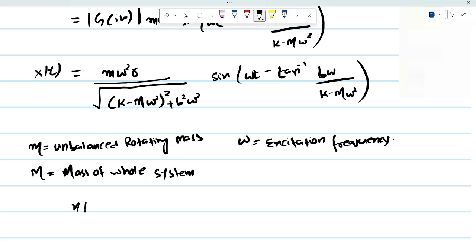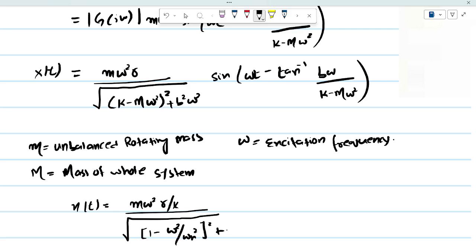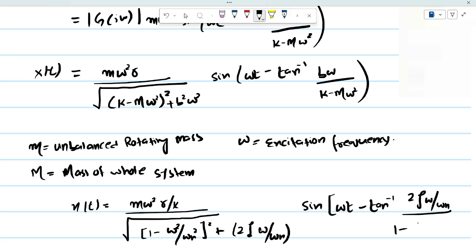So you can find the final solution equal to m omega square r over k divided by the square root of 1 minus omega square by omega n square, whole square, plus 2 damping ratio omega divided by omega n, whole square, into sine omega t, where omega n is the natural frequency, minus tangent inverse of 2 times the damping ratio times omega divided by omega n, divided by 1 minus omega square divided by omega n square.